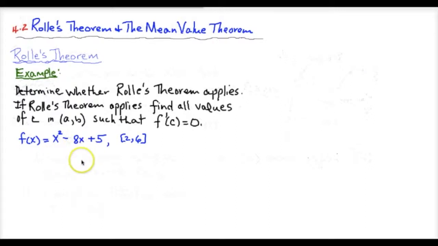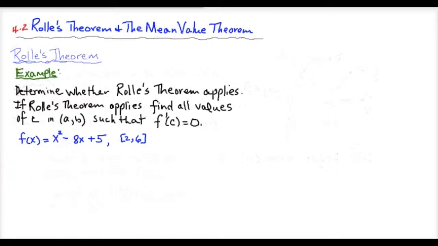It's a quadratic function. And the closed interval that we're looking at goes from 2 to 6. Okay? So we're looking at this quadratic function as it goes from 2 to 6. Now, remember, before we can use Rolle's theorem, we have to determine whether or not the three conditions are met.